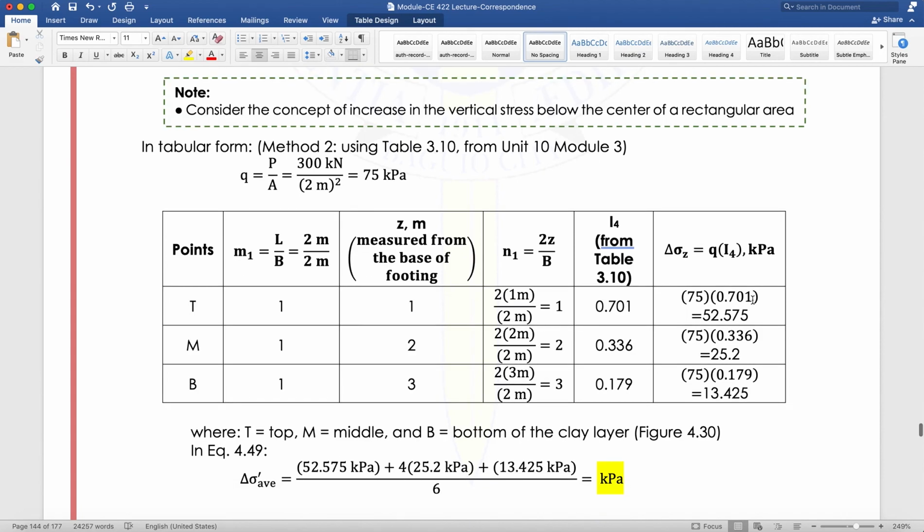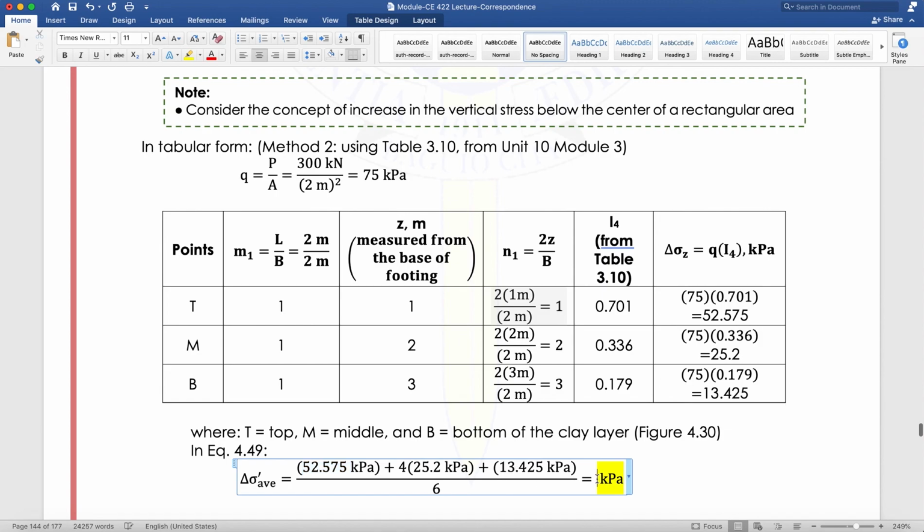Now, to get the average, we use Simpson's formula. So we have the top plus 4 times the middle plus the bottom, divided by 6. So 52.575 plus 4 times the middle plus the bottom, divided by 6.